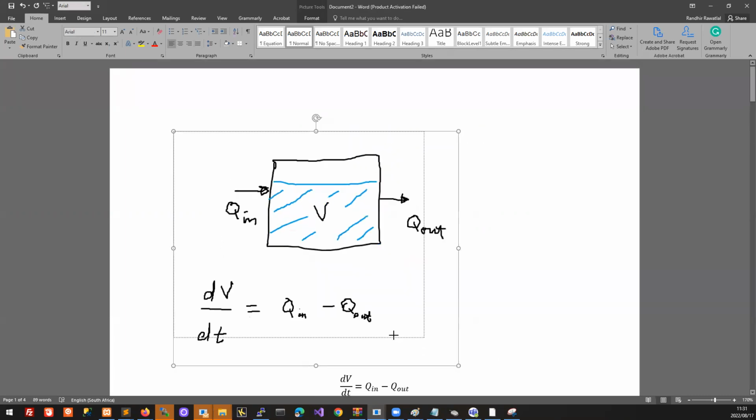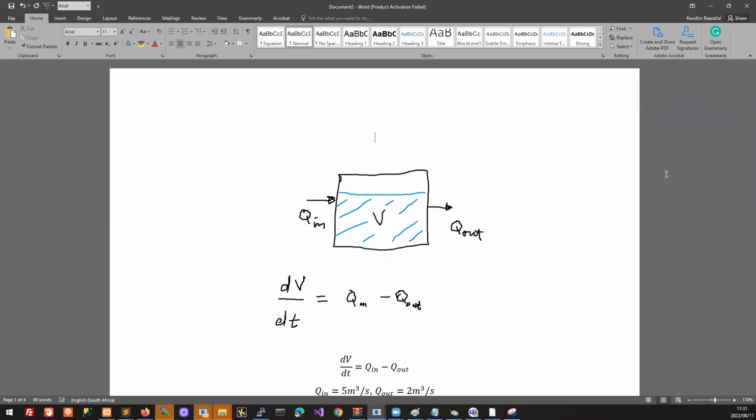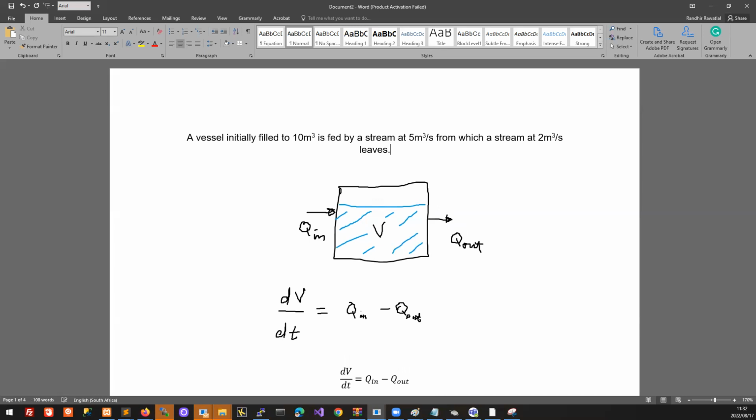So let's say in the question we were told, a vessel initially holds 10 cubic meters, is fed by a stream at 5 cubic meters per second, from which a stream at 2 cubic meters per second leaves.